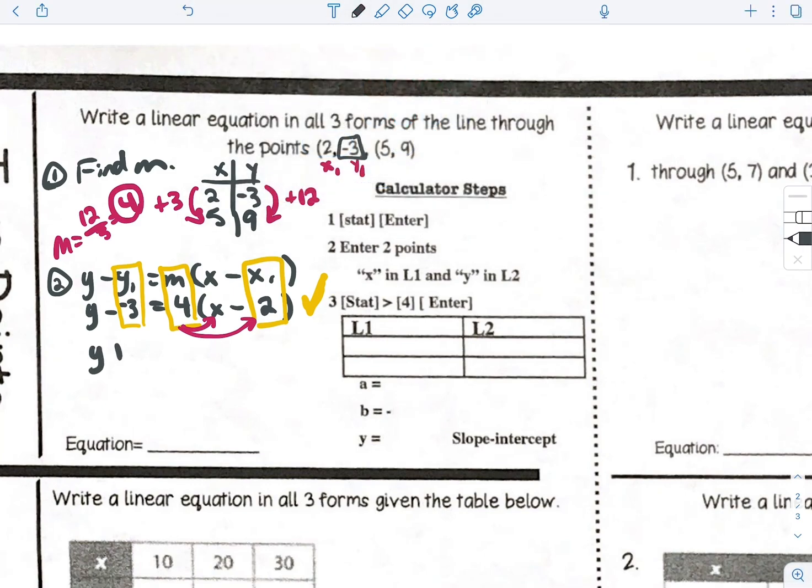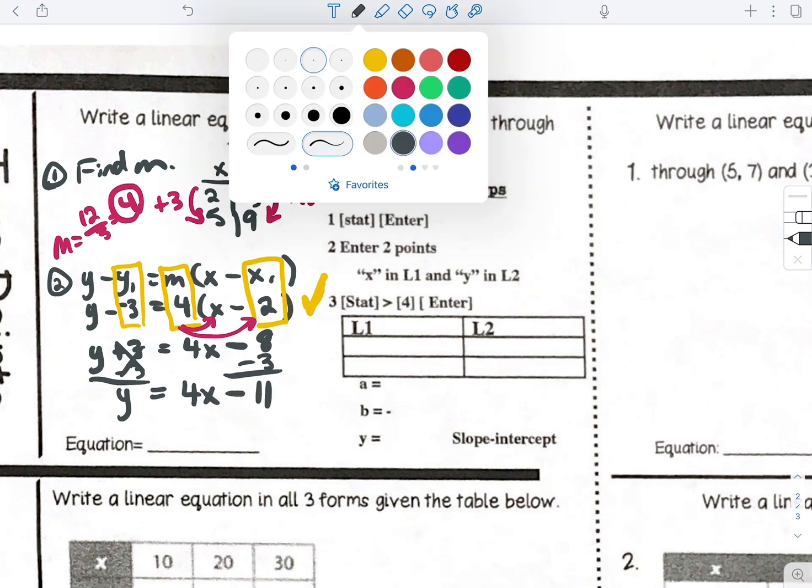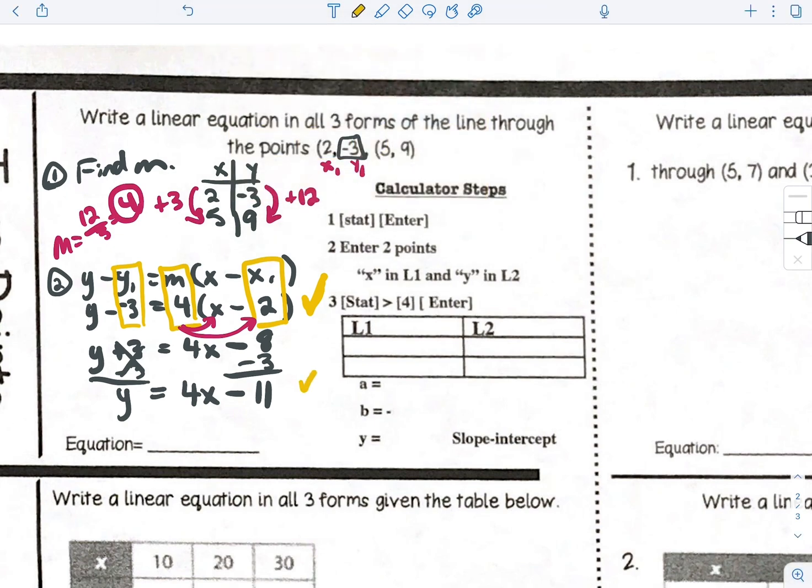And this becomes y plus 3 equals 4x minus 8. And the only other step from here is to make sure the y is by itself, so we need to subtract 3 from each side. So this is y equals 4x minus 11. So that's slope-intercept form.